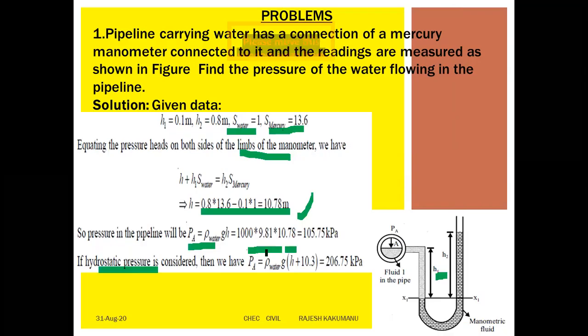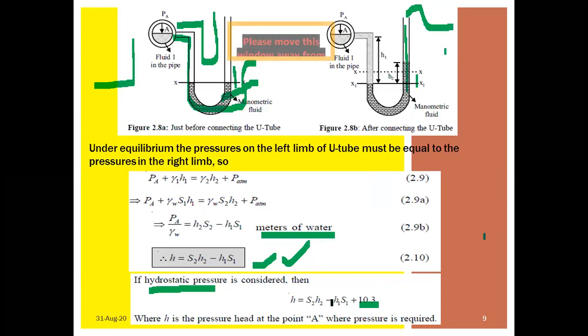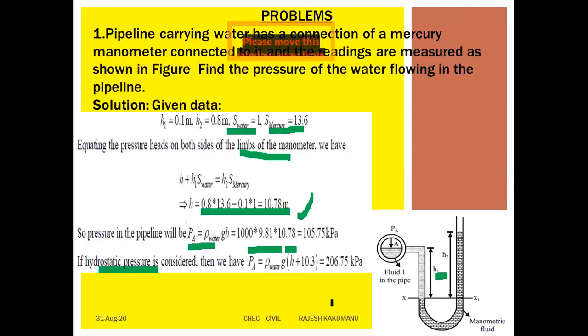Now, if the hydrostatic pressure is applied, then pressure PA is equal to rho g h plus 10.3. When rho is coming into the picture, we have pressure at a point A is equal to rho of water into g into height h, plus 10.3.